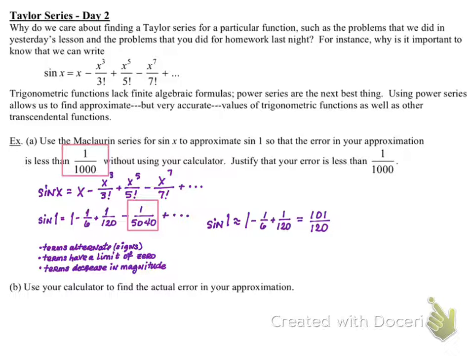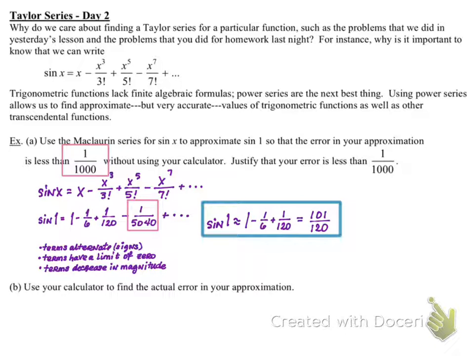Okay, we can use that last term, the 1 over 5040, as the remainder, because this is an alternating series where the terms alternate signs, the terms have a limit of 0, and the terms decrease in magnitude.